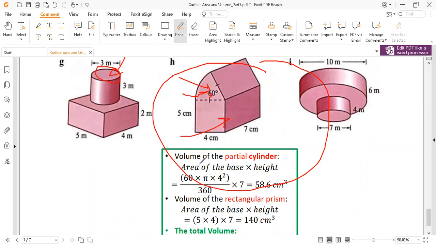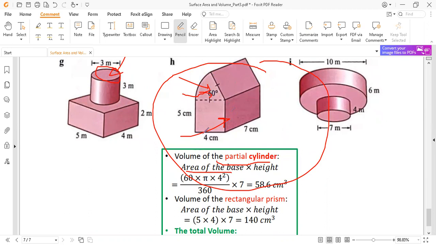So what about this one? We have a partial cylinder here. So it is the area of the base. The base here is obviously the sector. So we know the sector is alpha, the angle here, divided by 360 and multiplied by pi r squared.